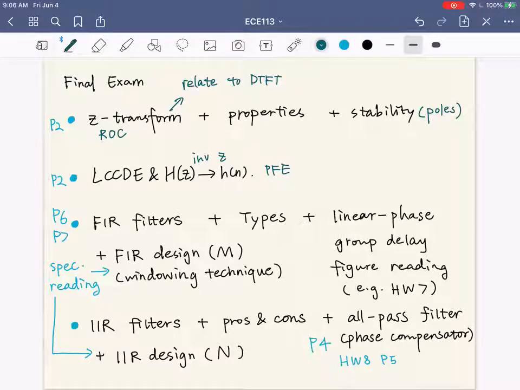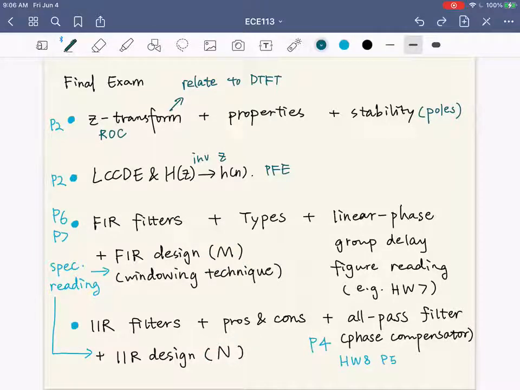We'll discuss the pros and cons of the IIR filter, and we'll also discuss the all-pass filter. The all-pass filter is also explained in homework 8 problem 5, so it would be a good exercise to strengthen your understanding. You'll notice that I put M in brackets for the FIR filter and N for the IIR.